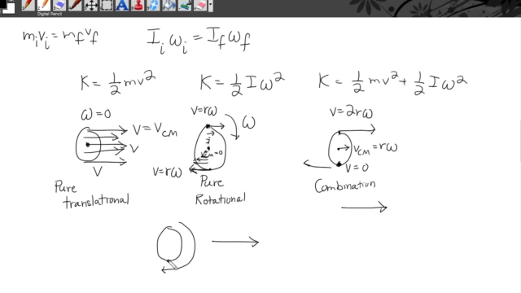But then it hits the ground at this point here, and so the ground exerts a static friction on the wheel, and that causes the whole thing to move. And then this part of the wheel hits the ground, and then the ground again exerts the static friction, and so on. And that's what causes the wheel to move forwards.